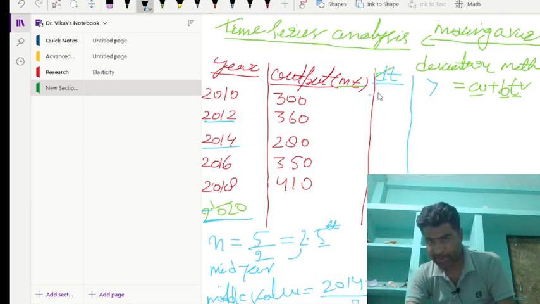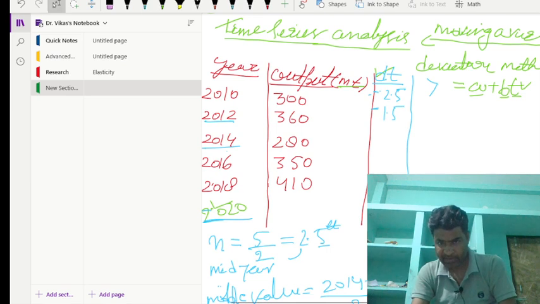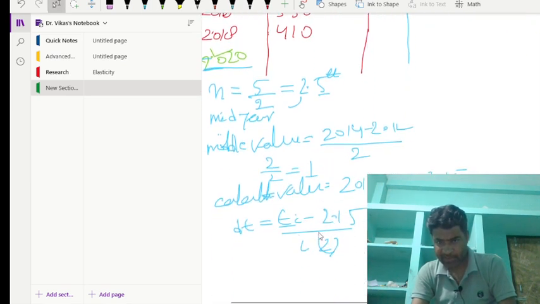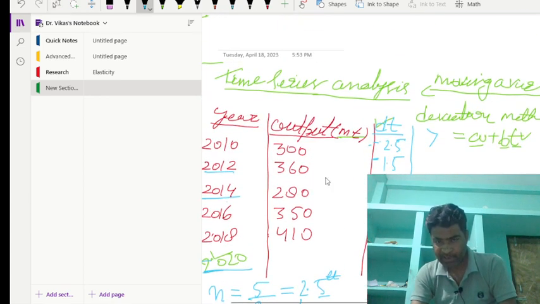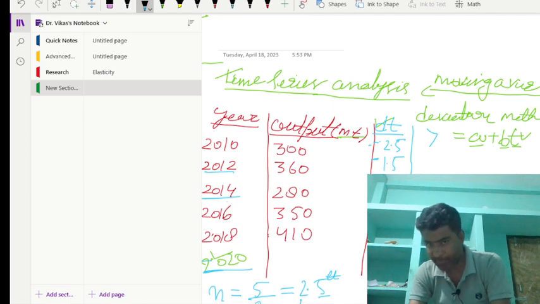For the first, we will find the minus 2.5. And for the 2012, we will find the value minus 1.5, by applying the formula di minus 2015 upon 2 and so on, we will have minus 0.5, plus 0.5 and plus 1.5.